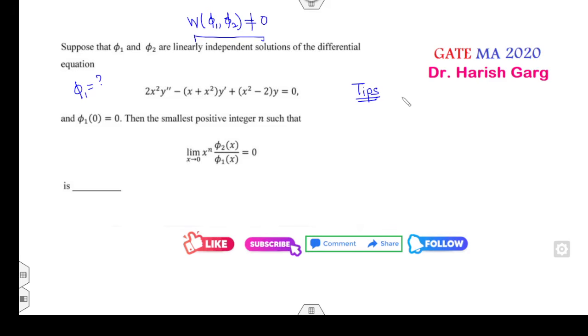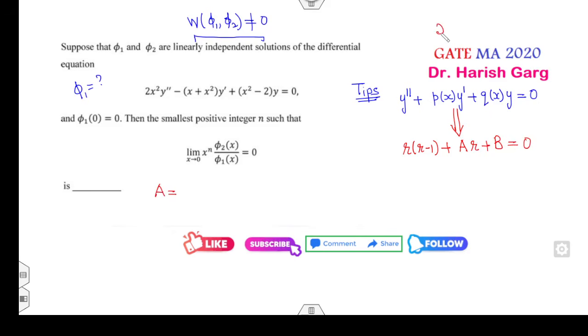Whenever you have the differential equation y double dash plus p of x y dash plus q of x y is 0, how can you find the solution? You can convert it into r times r minus 1 plus capital A r plus B is equal to 0, where A is the limit as x approaches 0 of x times p(x).